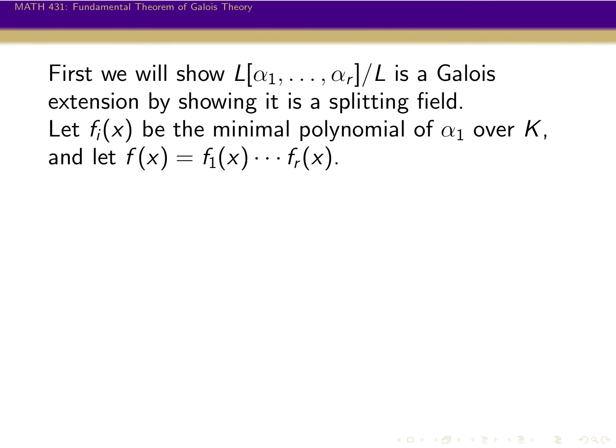Okay, and so if we let f sub i of x be the minimal polynomial of alpha i, it should be alpha i, not alpha 1, over L, then we're going to define f of x to be the product of these minimal polynomials.